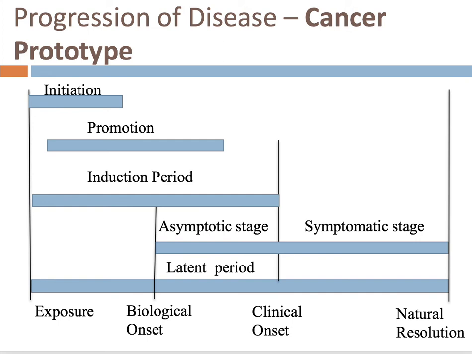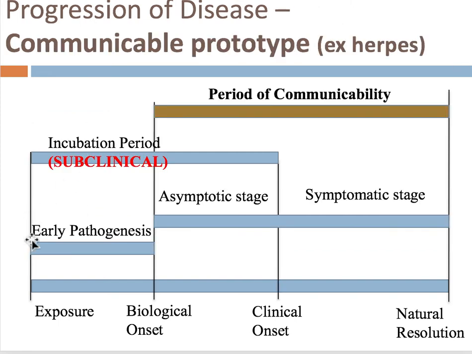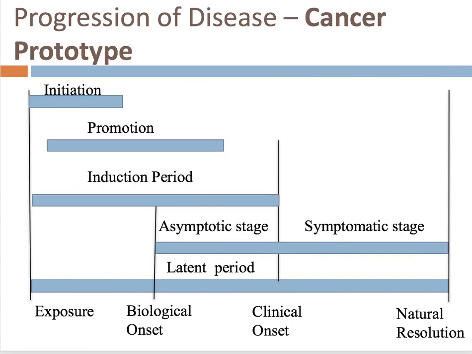And this is our prototype for a disease such as cancer, where instead of having your exposure and your incubation period, we call this an induction period instead of an incubation period.